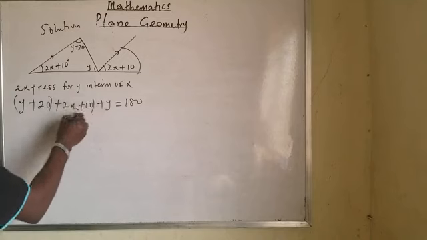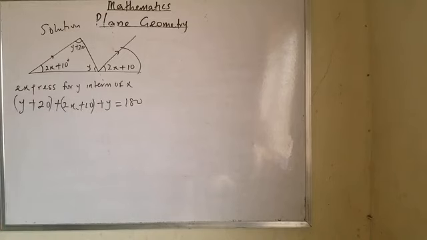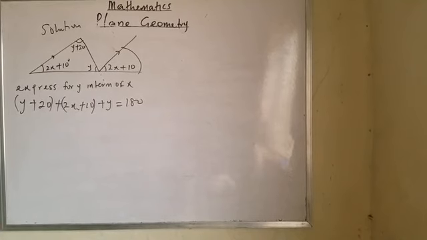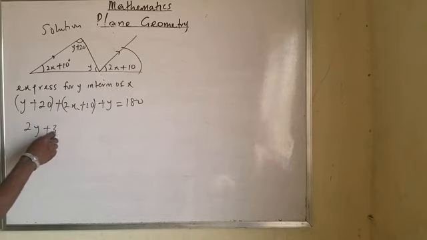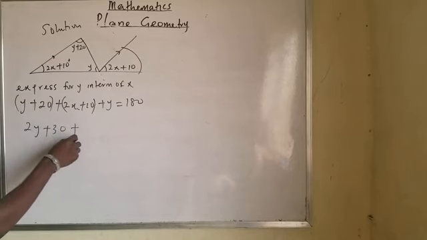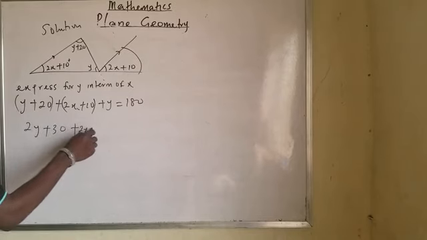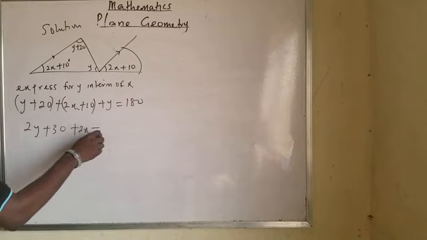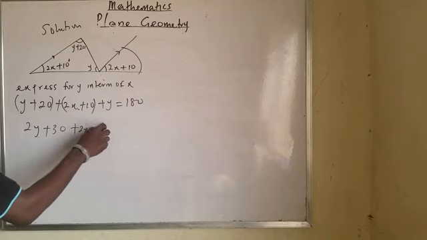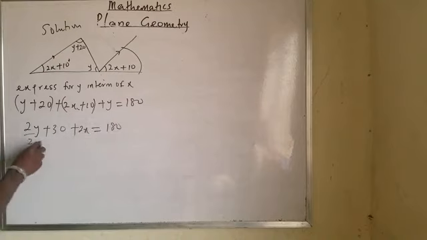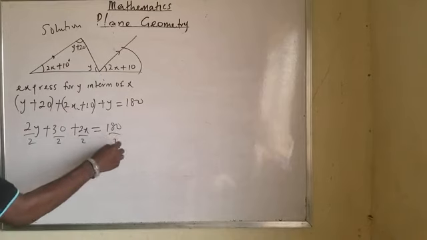This and this, that is what I'm trying to do here. Now, I can say that 2y plus 30 plus 2x equals 180. Reduce everything by 2.